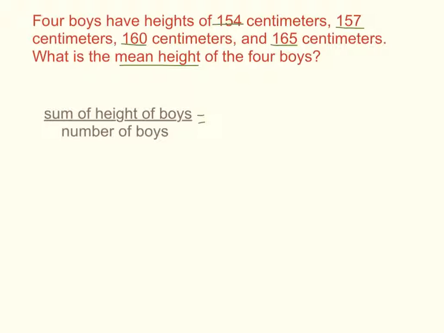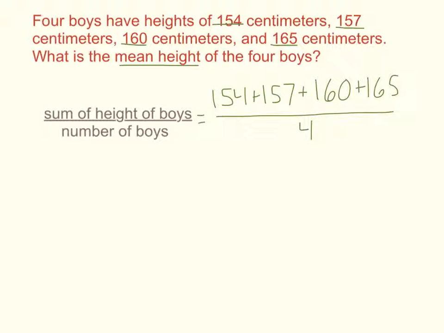So we will add together 154 plus 157 plus 160 plus 165 and divide that by 4 because there were 4 boys. So when we add those together, we get 636, divide that by 4, and the answer is 159. So that means that the mean height of the 4 boys was 159 centimeters.